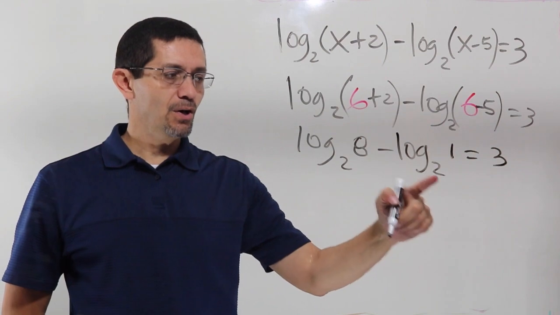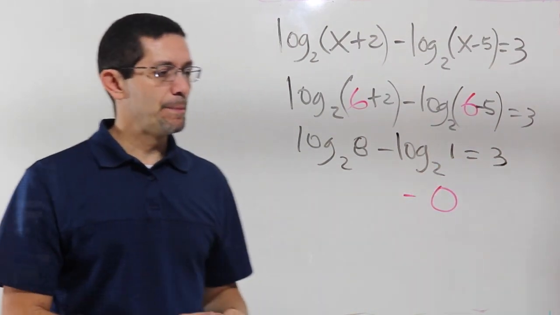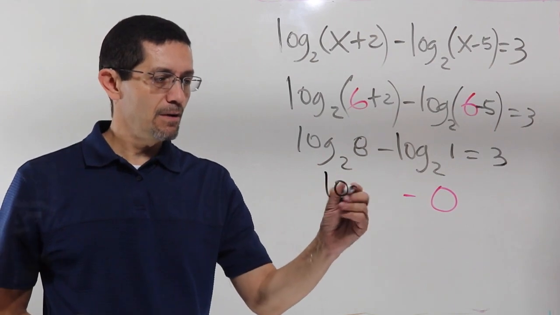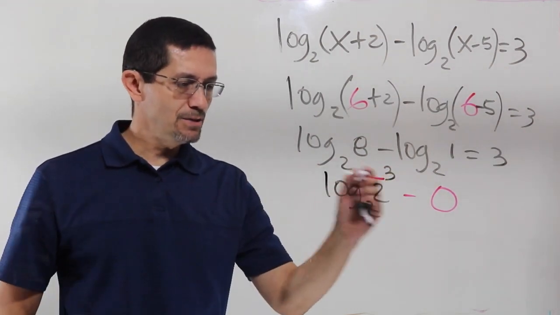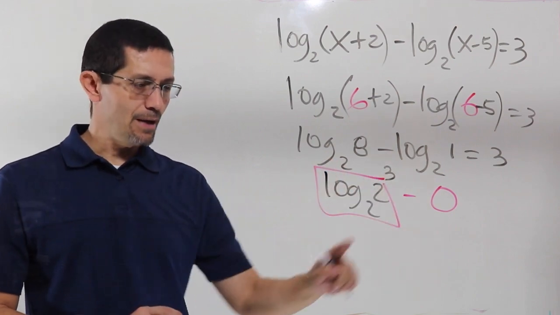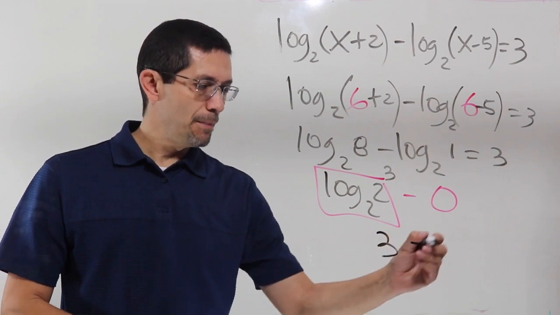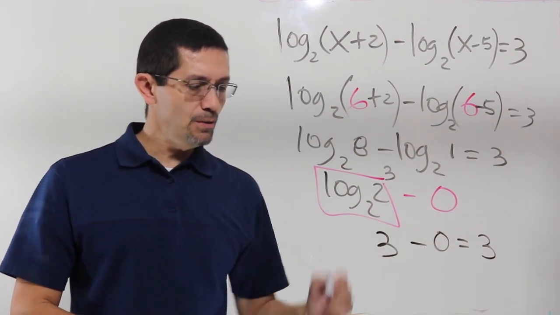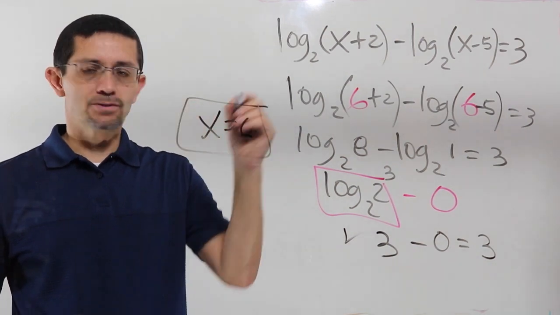We said that log of 1 in any base becomes 0. And here I have log base 2 of 2 cubed. We notice that these two cancel out, base and argument being the same, therefore my answer is 3 minus 0 equals 3, which is right. So x equals 6 is the right answer.